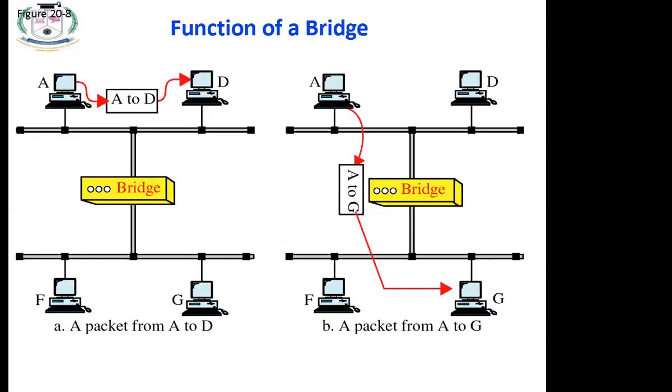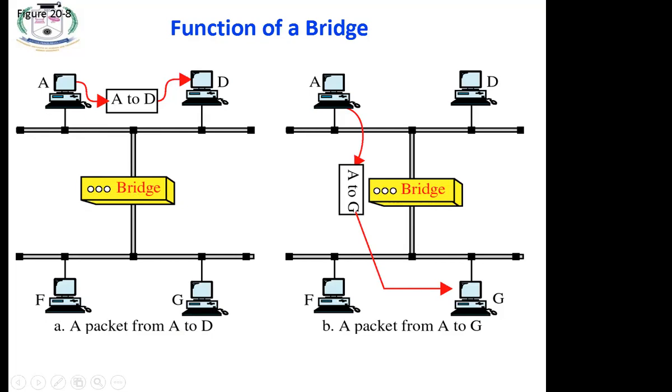Bridge is actually a 2-port network. It is having only 2 ports, port 1 and port 2. So there are different ways the bridge is useful. See here, A wants to send a data frame to D. When the bridge finds the data has to be transferred from A to D, it will have a table, which we call the bridge table.